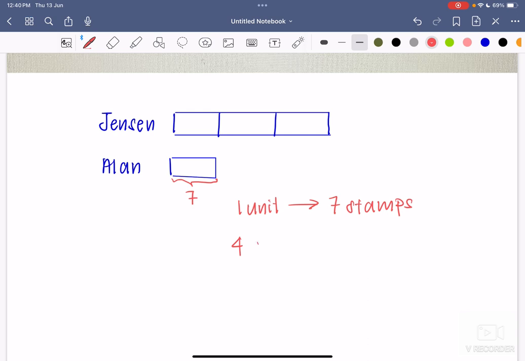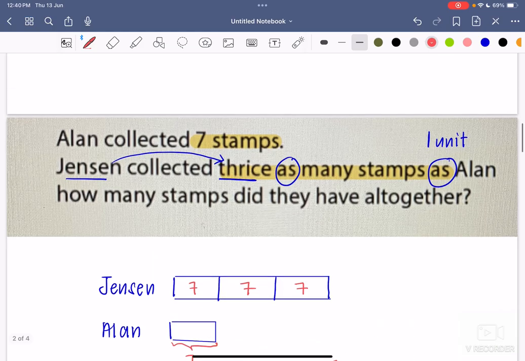As we counted, 4 units is equal to 4 times 7, because here we'll have 7, here we'll have 7, here we'll have 7 also. 4 times 7 is 28 stamps. So this is how many stamps Jensen and Alan have all together.